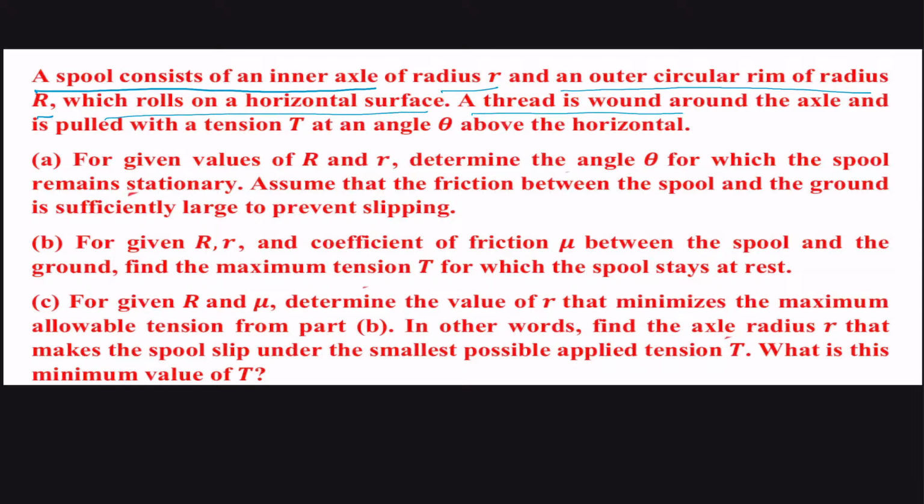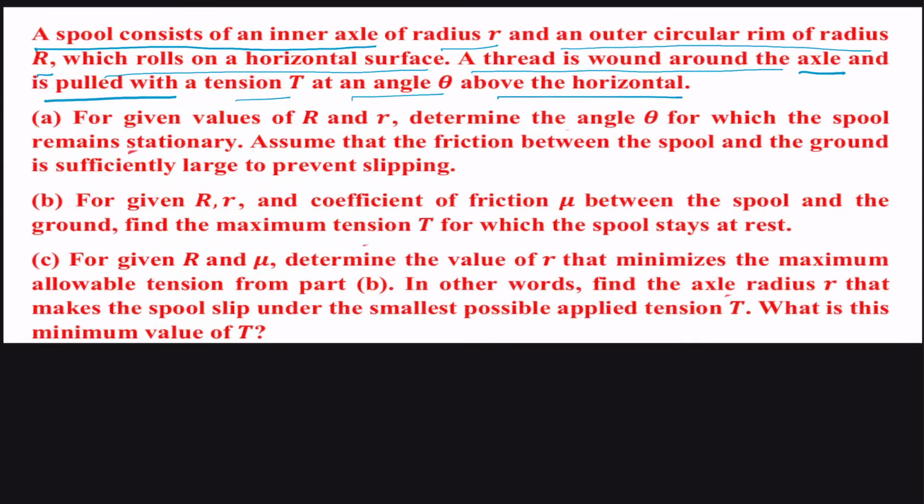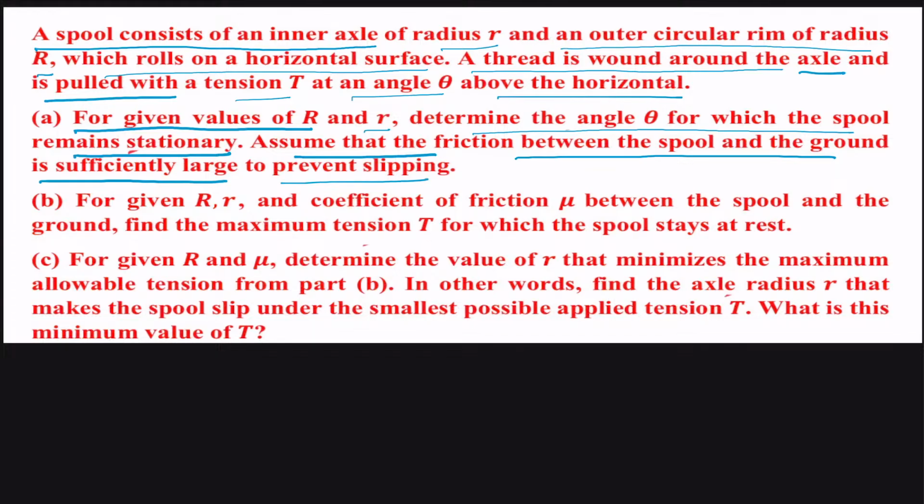A thread is wound around the axle and is pulled with a tension T at an angle theta above the horizontal. Based on this, we have three questions. First is, for given values of small r and capital R, determine the angle theta for which the spool remains stationary. Assume that the friction between the spool and the ground is sufficiently large to prevent slipping.